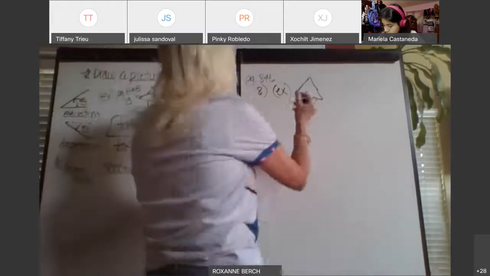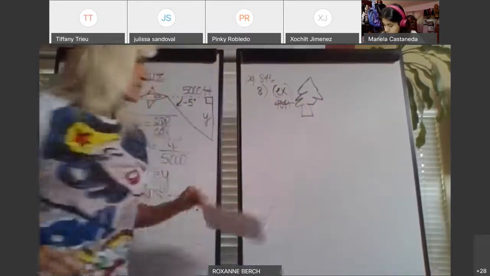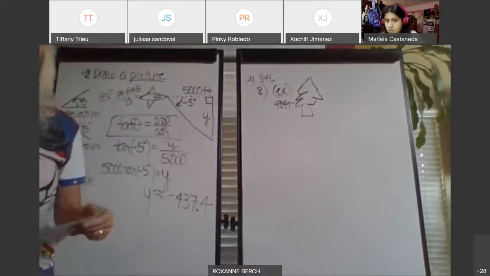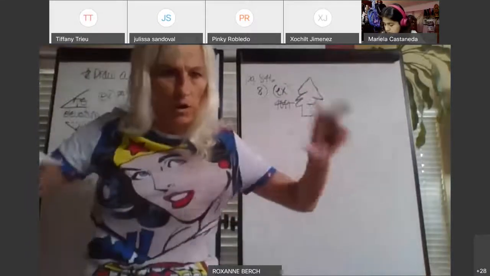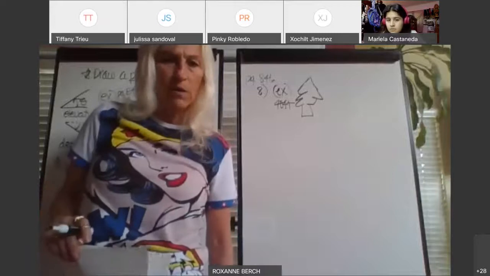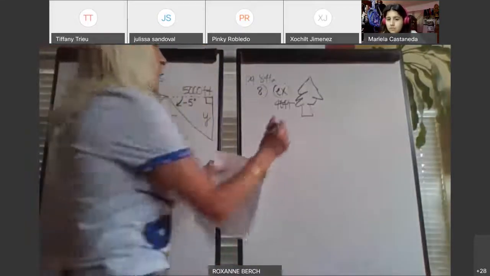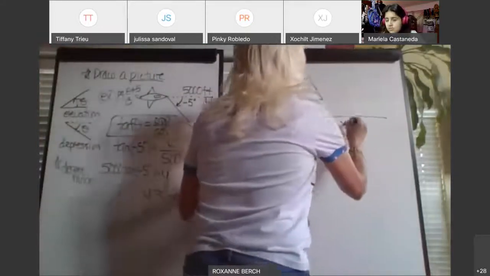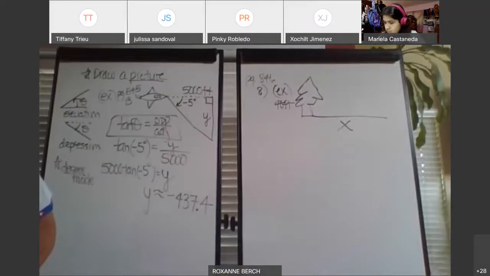So we know the tree is 40 feet. Now they're talking about a shadow. So do you see a shadow floating in the air like a ghost? No. Where do you see a shadow? On the ground, right? So that's what we want to know. So it says, how long a shadow does a 40-foot tree cast on the ground?